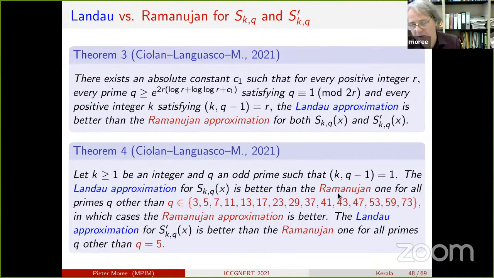But a very common case is where k and q minus 1 have greatest common divisor 1. In that case, this is quite technically involved, we can actually determine all prime numbers where the Ramanujan approximation is better.